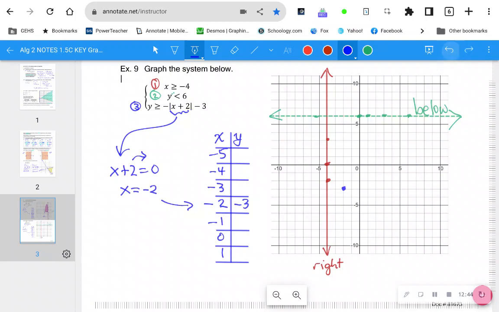Now you got -1. -1 minus 3 is -4. Now, if all's well, you should get that value here too. So it kind of serves as a check. We're using -3 here. -3 plus 2 is -1. The absolute value of that -1 is +1, but then you change it back to -1 and take away 3.